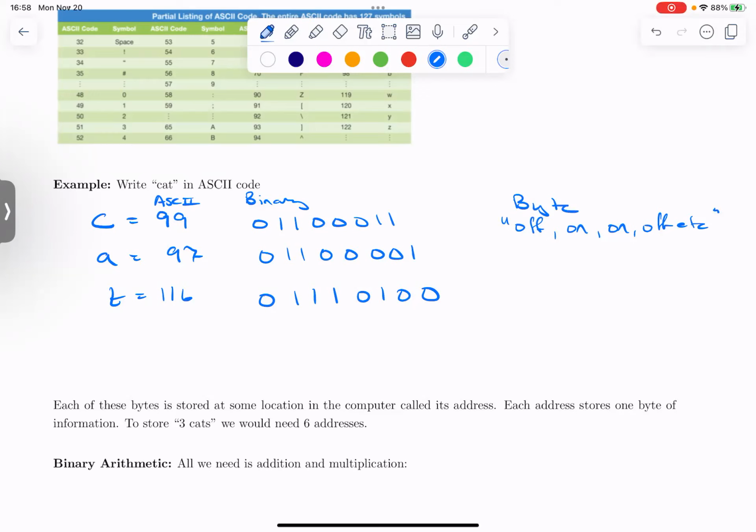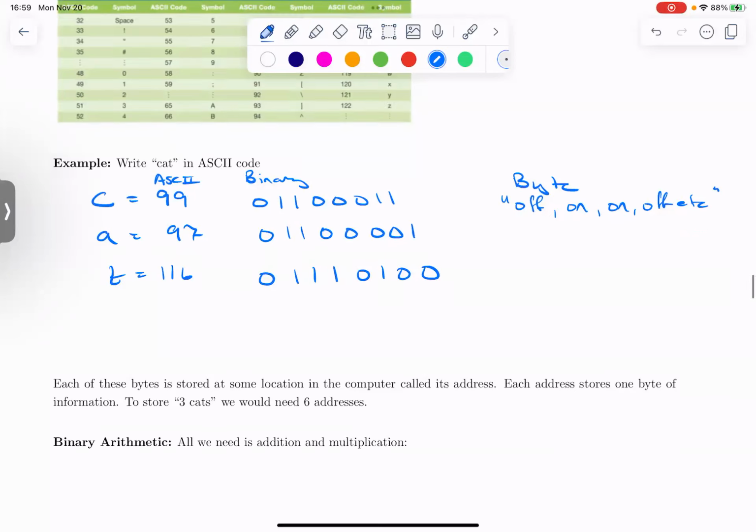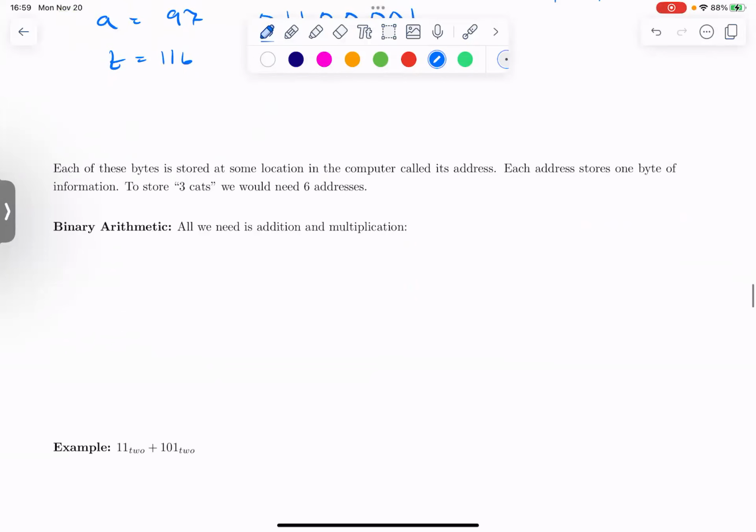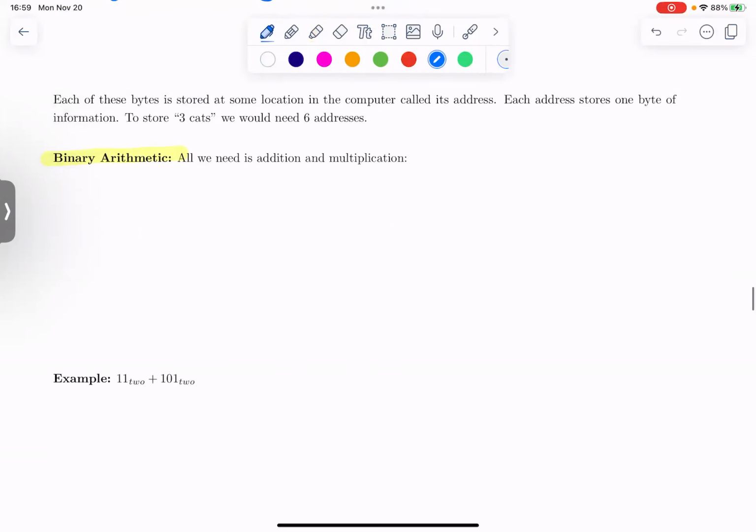How about binary arithmetic? Have we been there, done that? Or should we talk about it? All right, let's jump there. Binary arithmetic. Kind of starting here, I guess. We only need addition and multiplication because subtraction is a special case of addition, but also we're not going to use it.